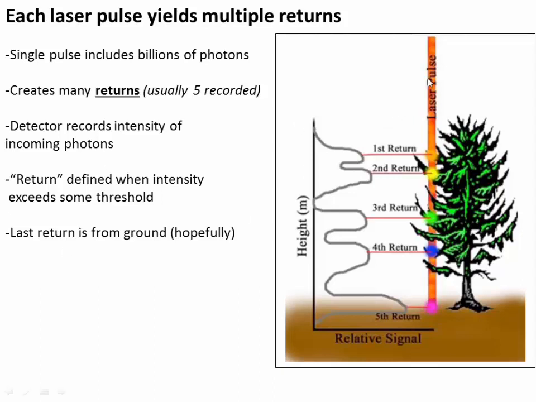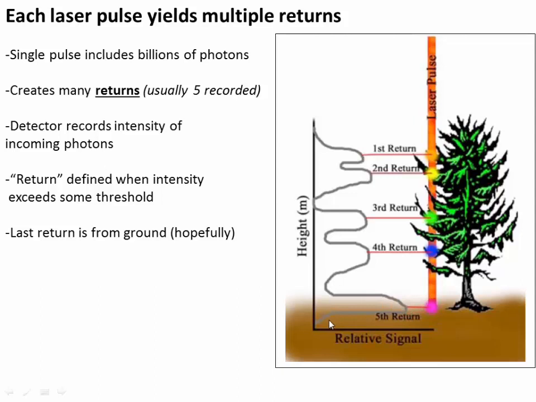So let's have a look here. Here comes the laser pulse. It first hits this branch, then this branch, and so on until finally it hits the ground. Each of these collisions bounces back a pulse back to the aircraft. And the aircraft is recording a continuous signal in time. So it sees each of these returns as a pulse of photons at a given time, okay?